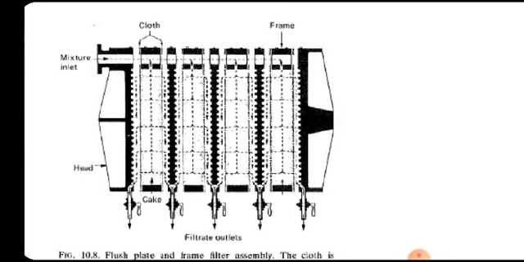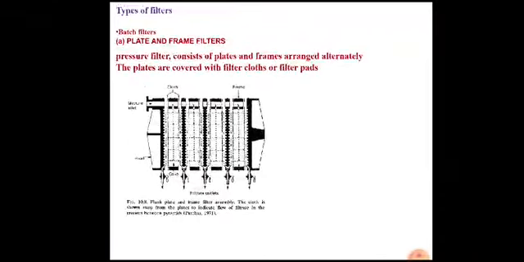You can see this is the frame, and the alternate one next to that frame is a plate, and that plate is covered with filter cloth. So a series of plates and frames are there. The flow starts like this.